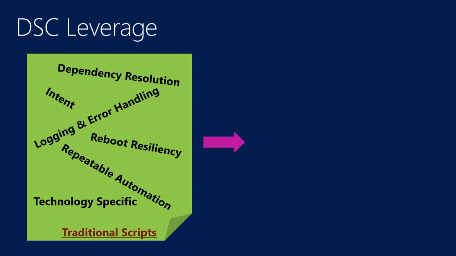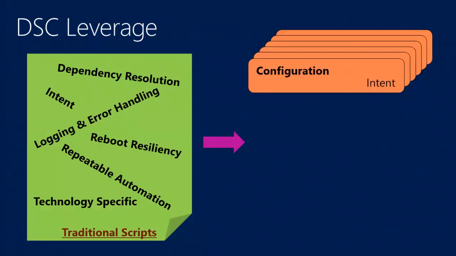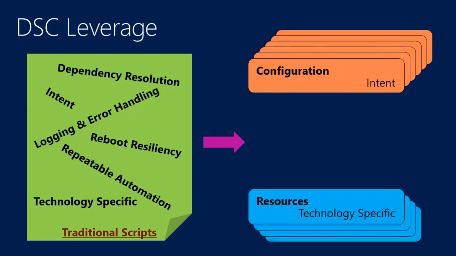And then, when we enter into DSC, we separate them out. You write configurations which describe the intent. And then there are resources which are pluggable, and that deals with the technology-specific implementation. These resources are PowerShell scripts themselves.